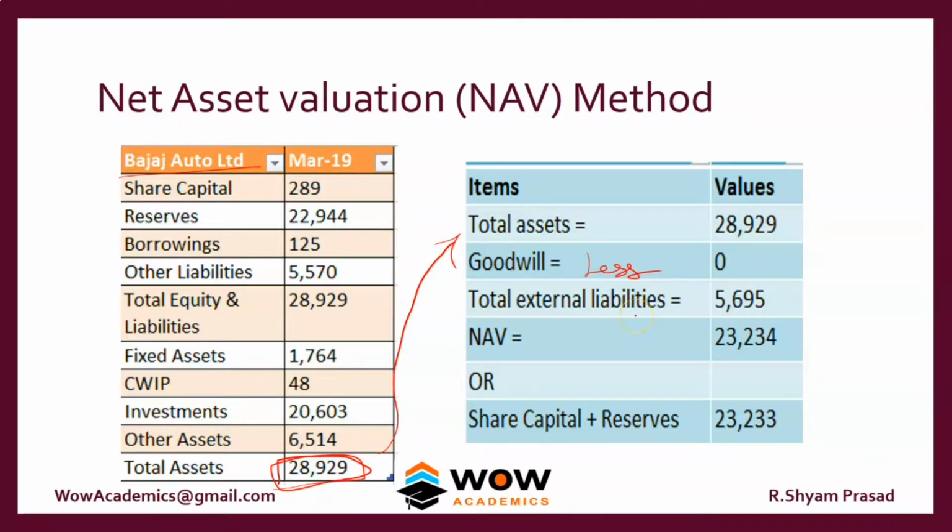Then the total external liabilities come here. These two things added together give you this number. Reduce both, and you get your NAV, 223,4. You can also get the same number by adding share capital and reserves. If you just take these two numbers and add them, you will get the same answer. So that's how this method works.